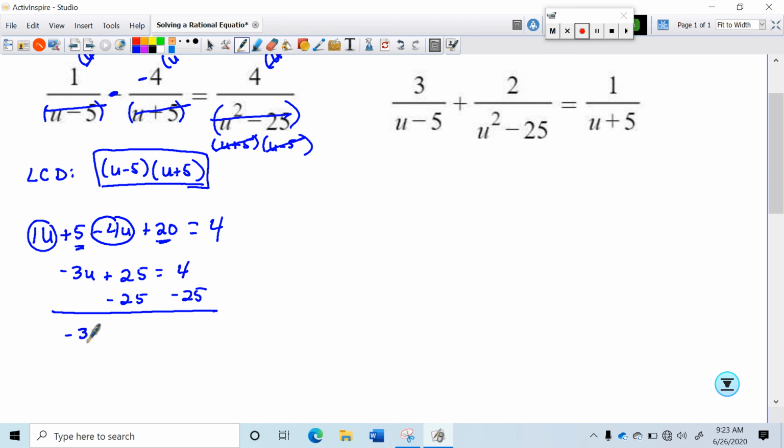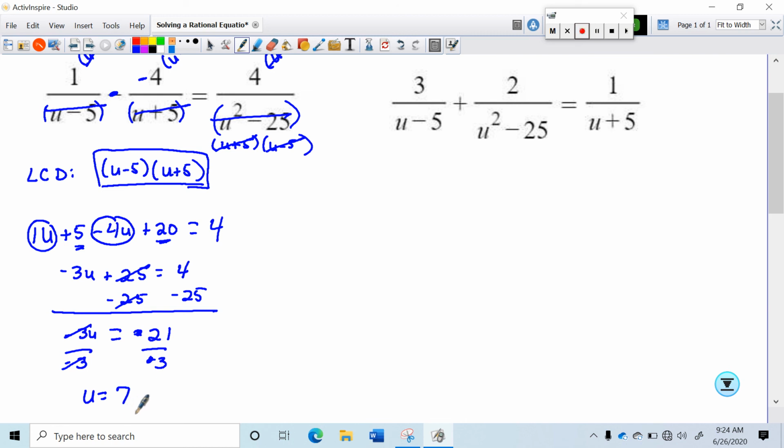Bring down the negative 3u, opposites cancel, bring down the equal. 4 take away 25 is a negative 21. Negative 3 times u, divide by whatever is stuck to u. Top cancels with bottom, u equals the negative cancels with the negative, 21 divided by 3 is 7.